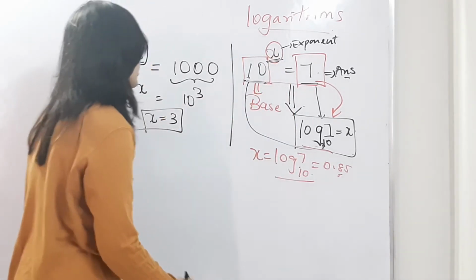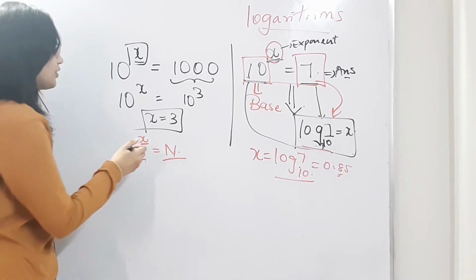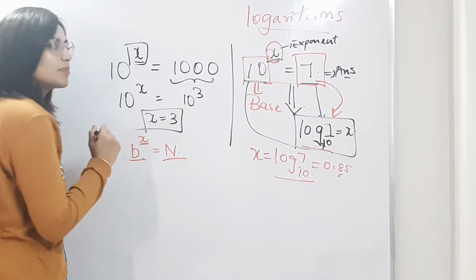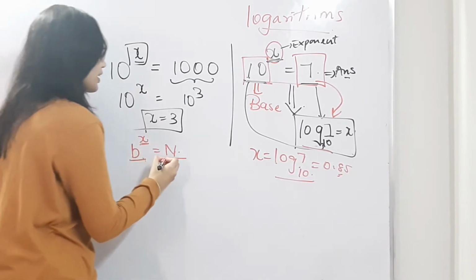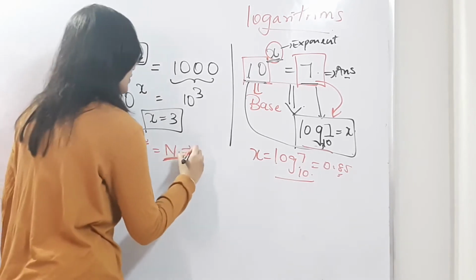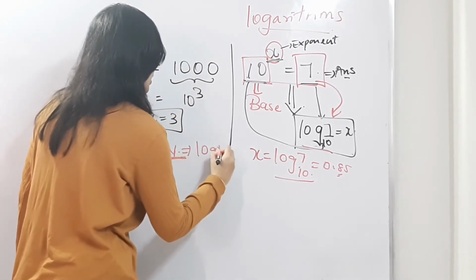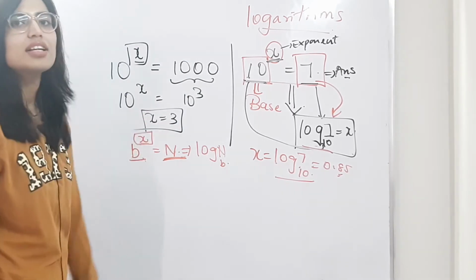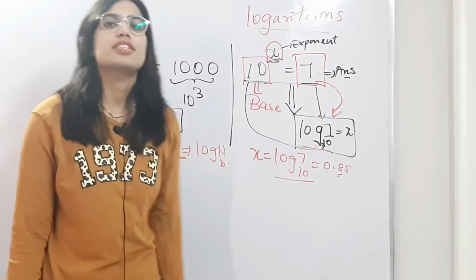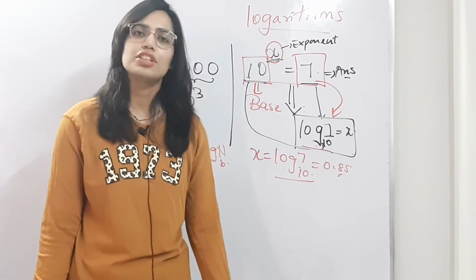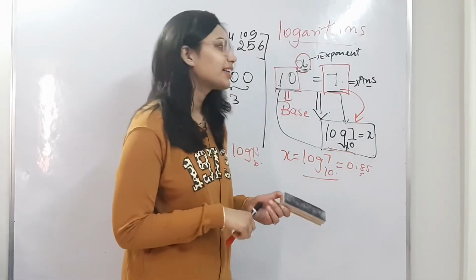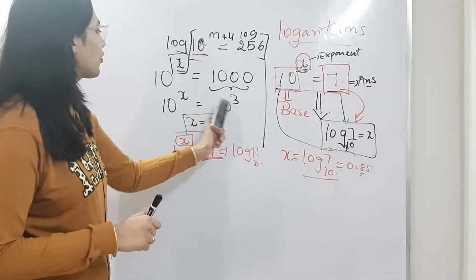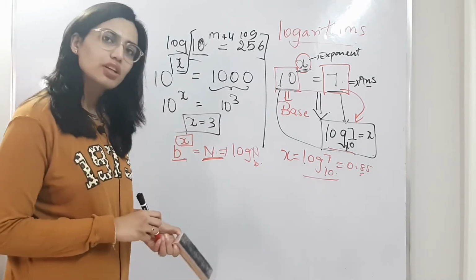That is, whenever you need to find the value of x that must be raised to the base b in order to get n, this is where we use logarithms to get the value of x. So this is the basic concept of logarithms that you need to know.